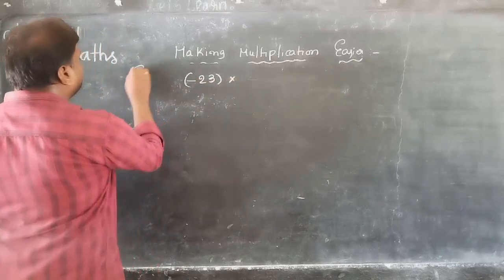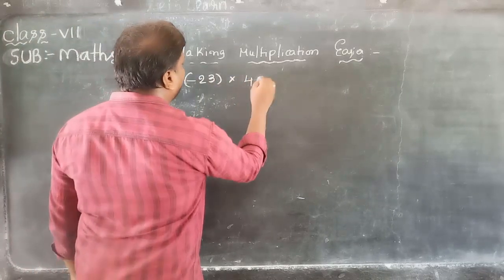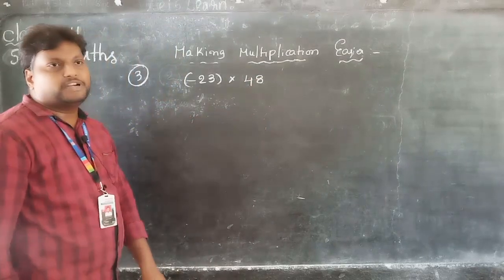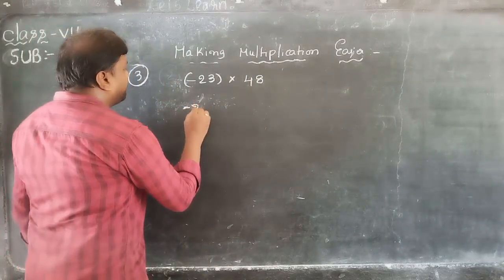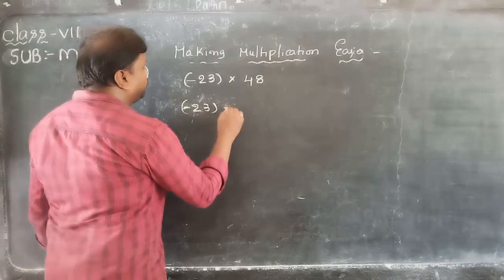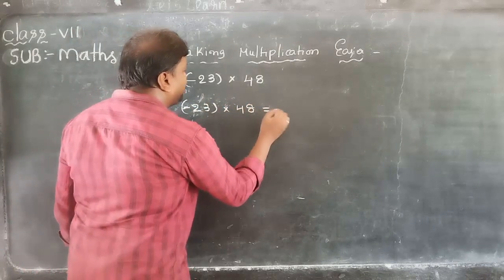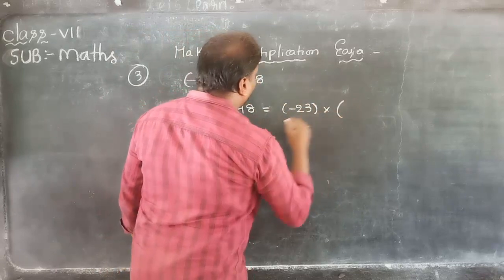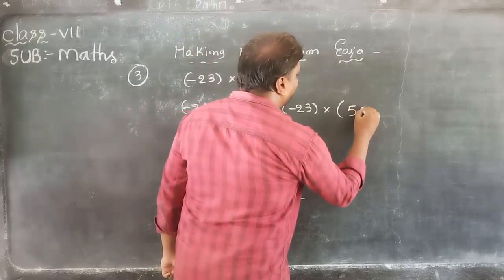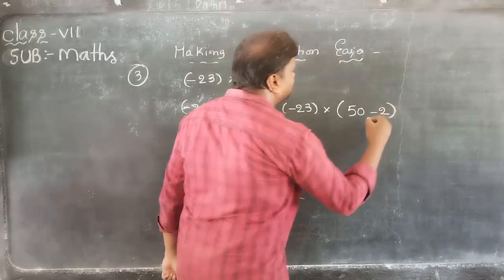Next, third example, minus 23 into 48. Minus 23 into 48, here I am writing 48 as 50 minus 2.